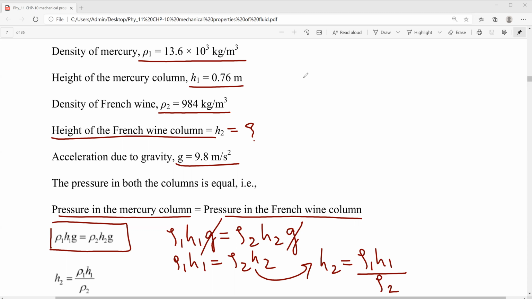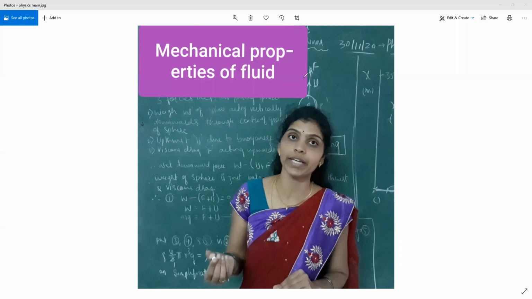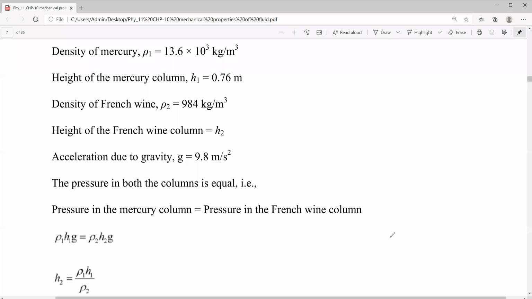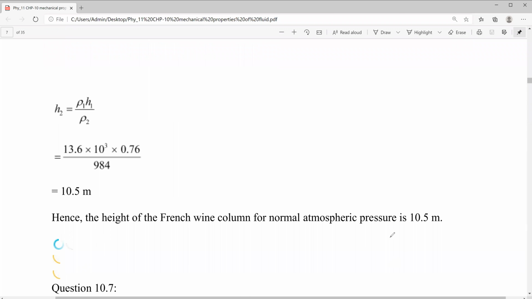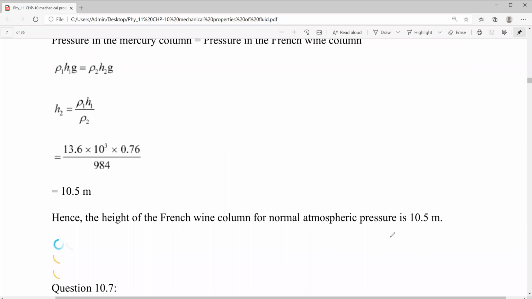So substitute the given values. Here we modified that formula, and after substituting, H2 is equal to ρ1 H1 divided by ρ2, and H2 we have to calculate.